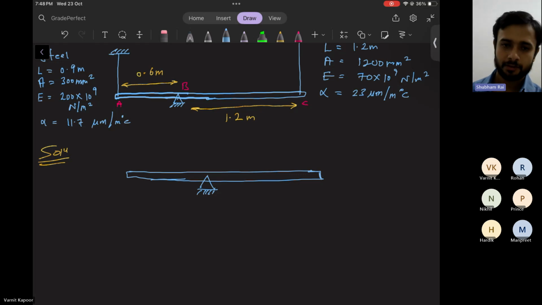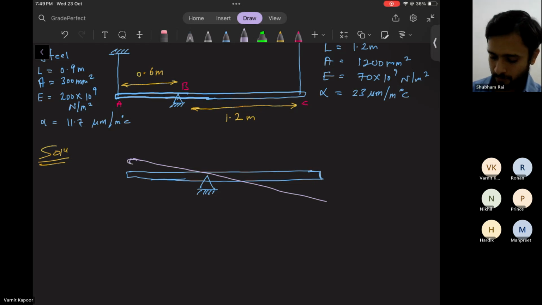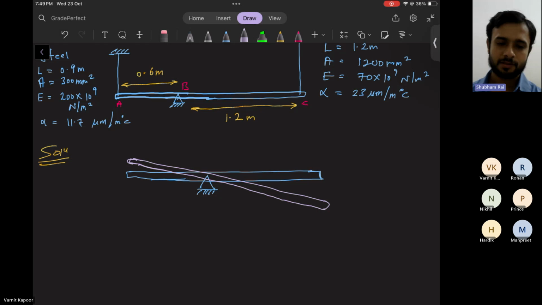Initially it was like this. Now after deformation, it will be tilted. So tilted configuration I'm drawing. It will look something like this, right? This is the tilted configuration of this bar.